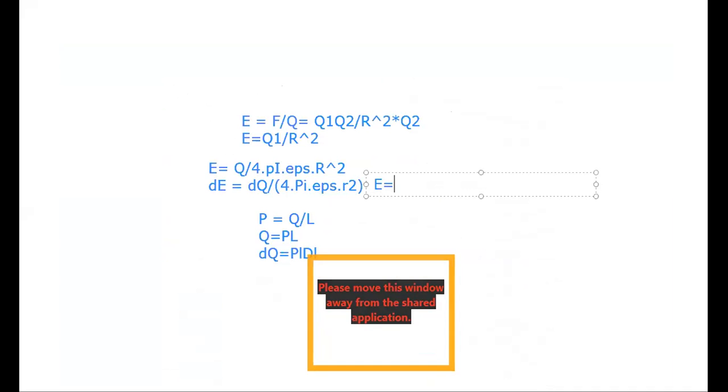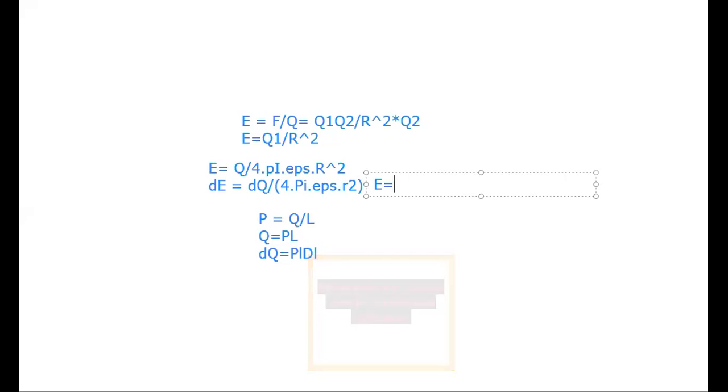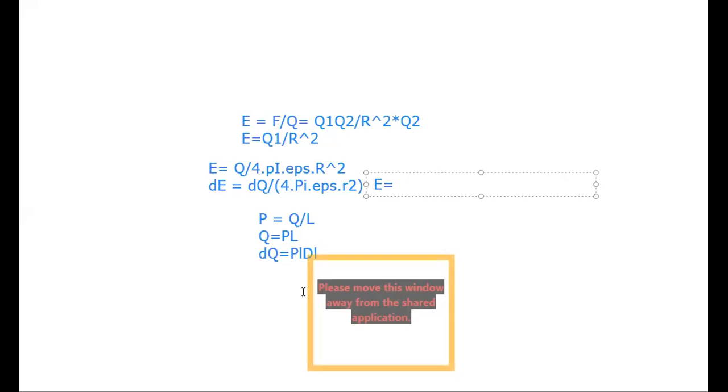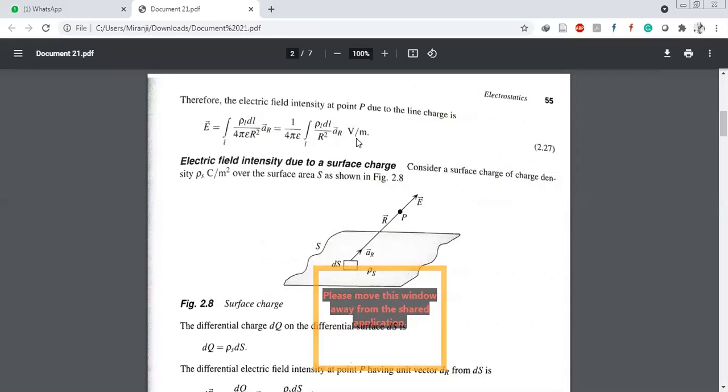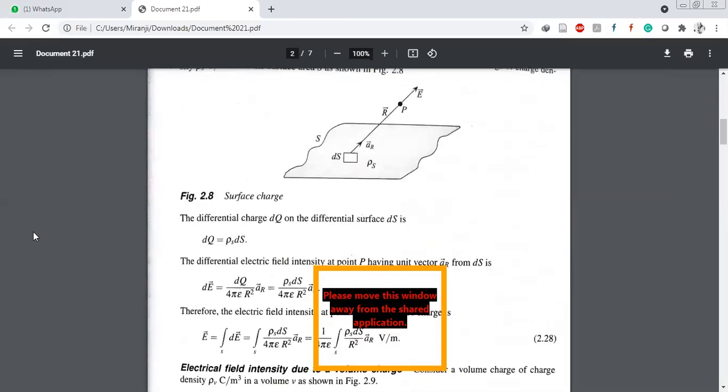E equal to integral of dE, which becomes q by 4 pi epsilon r square. dq is replaced with rho l dl, so E equal to line integral of rho l dl by 4 pi epsilon r square along r direction. 1 by 4 pi epsilon is the constant, so line integral of rho l dl by r square along the r direction. That is called line charge.